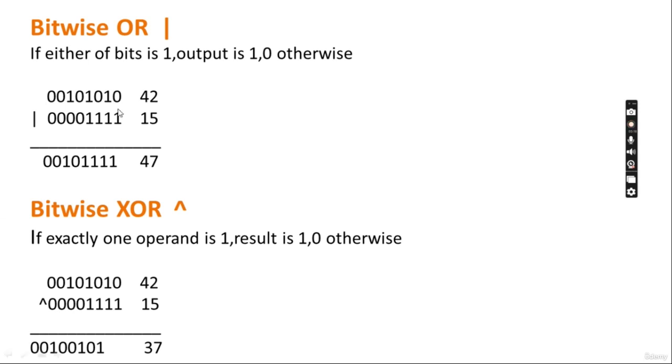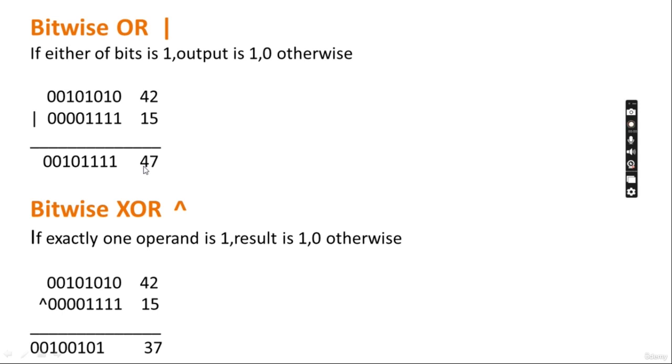If both of the operands are 1, it will return 1, or if either one of the operands is 1, it will return 1. So 0 and 1 returns 1, and 1 and 1 also returns 1. So the binary representation of 42 bitwise OR the binary representation of 15 will return 00101111, which is the binary representation of 47.